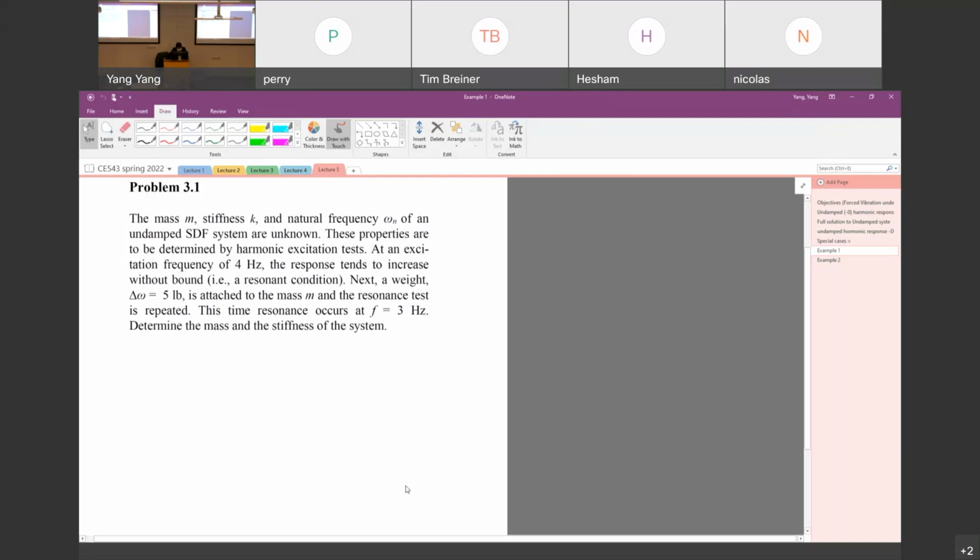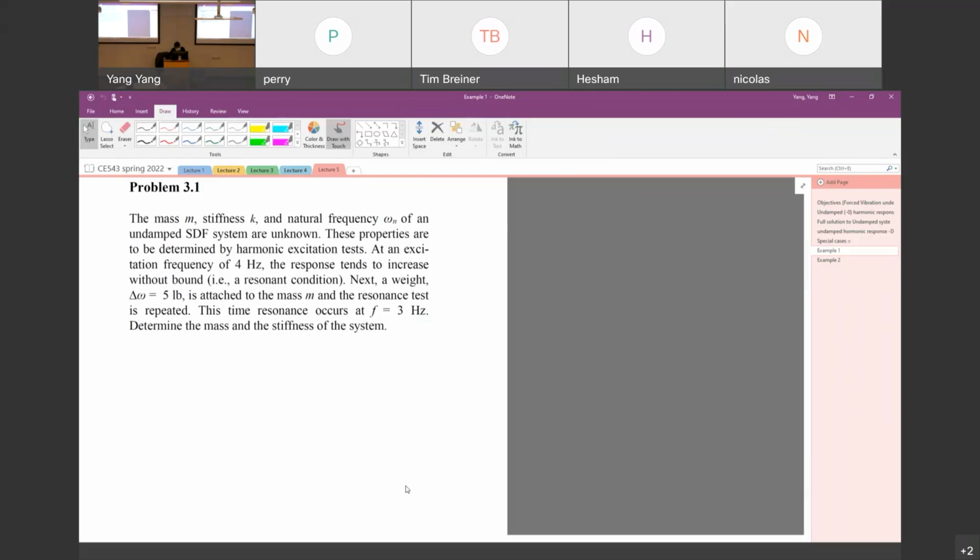So now let's see the example here. Basically, dynamic testing is done here. We need the mass, the stiffness, and natural frequency of the system, which are unknown.